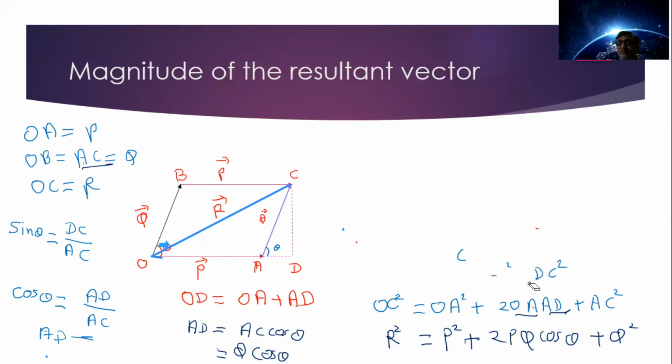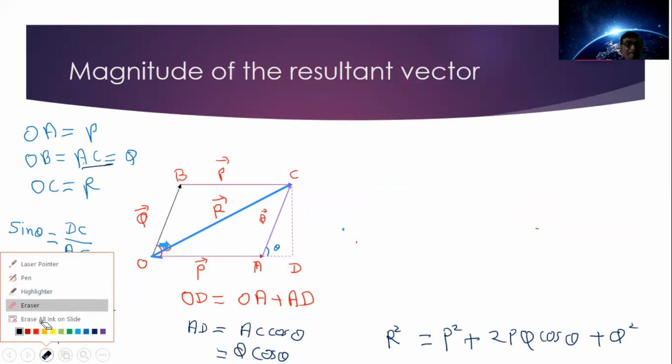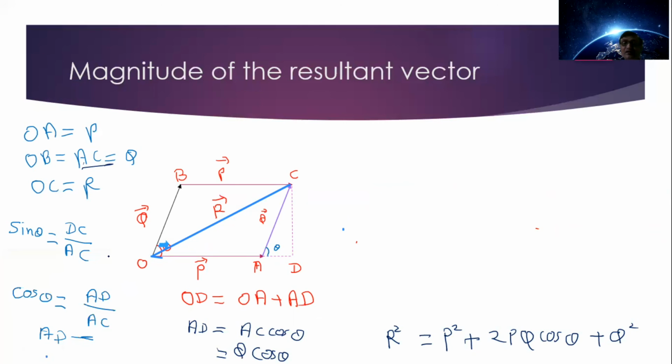Or for convenience, R square is equal to P square plus Q square plus twice PQ cos theta.